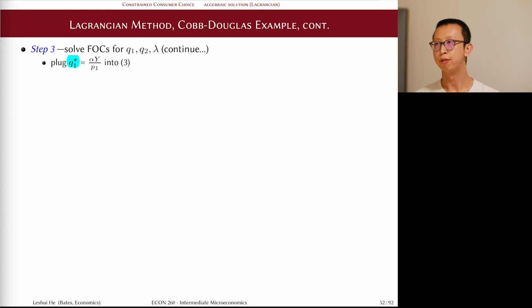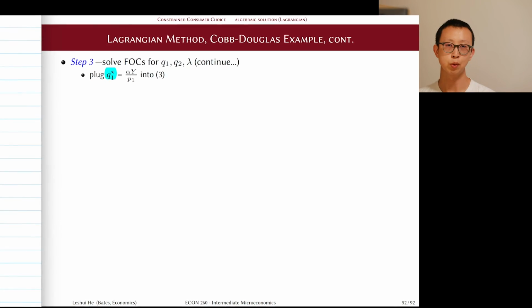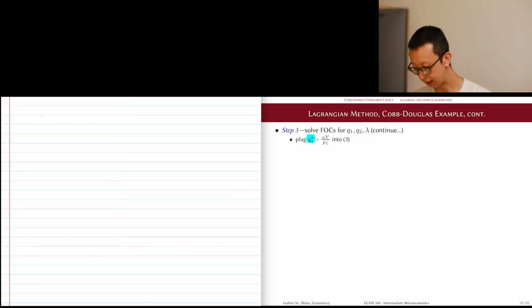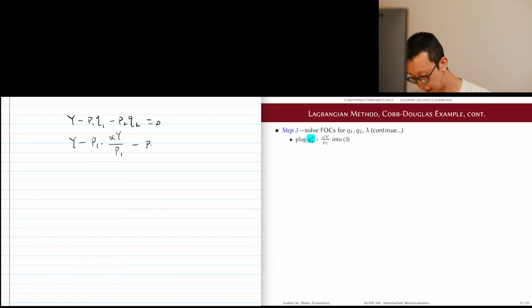All right, if we plug Q1 star into the budget constraint, what we would have is y minus P1 Q1 minus P2 Q2 is equal to 0. But now we're going to plug in Q1 star into the position of Q1. So that will give us y minus P1 times alpha y over P1 minus P2 Q2 equal to 0.